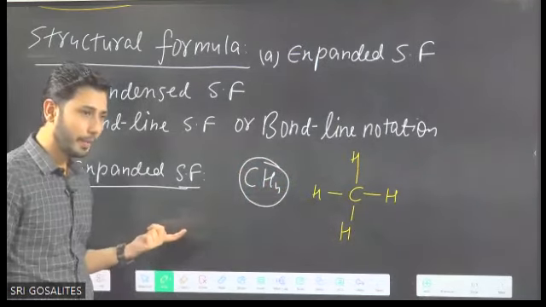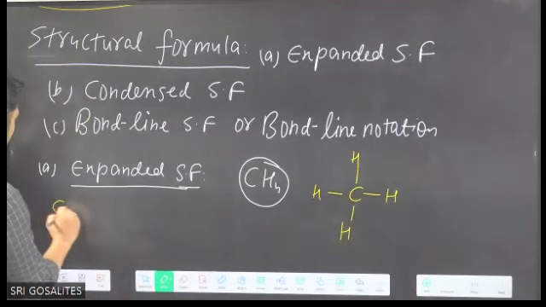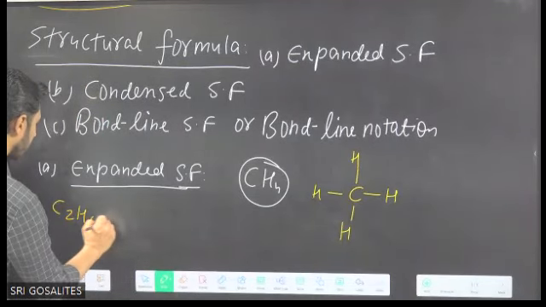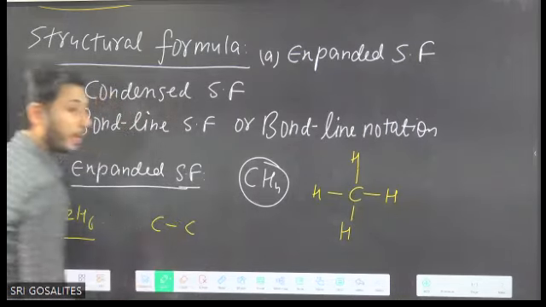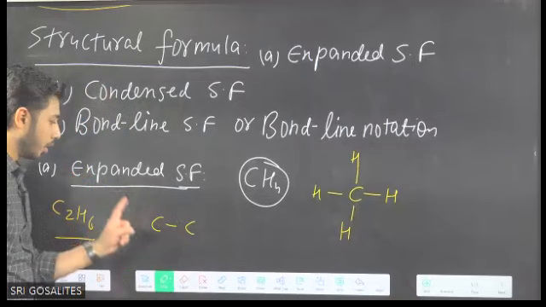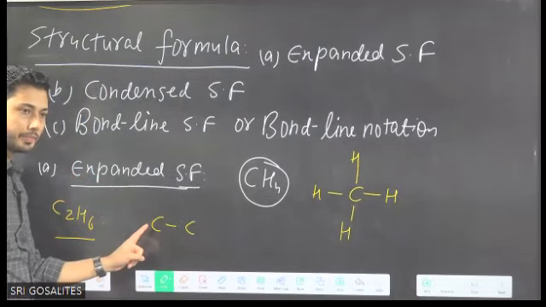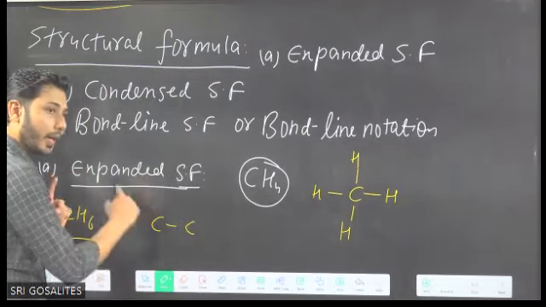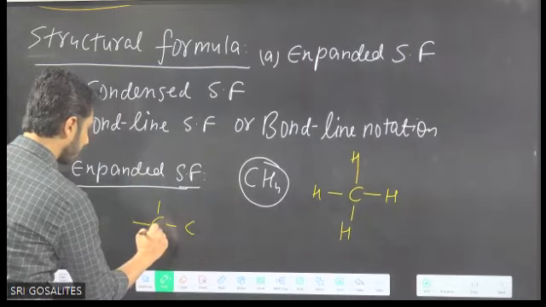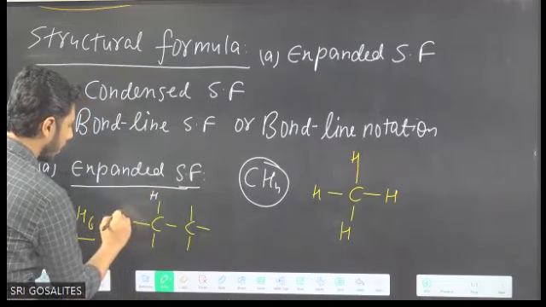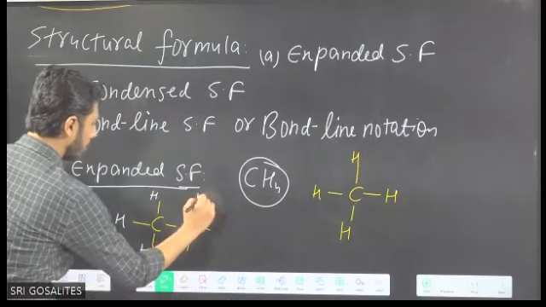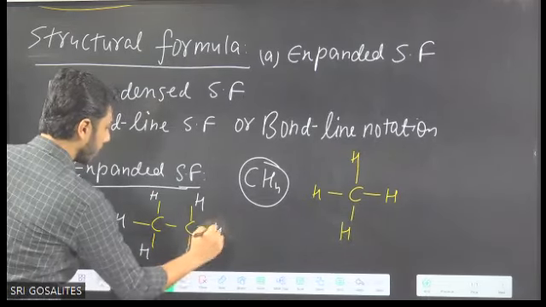It's a basic example. Next, C2H6. With each carbon, how many bonds will we form? Four. The two carbons are bonded with one bond between them, and the remaining positions we fill with hydrogens, three on each.